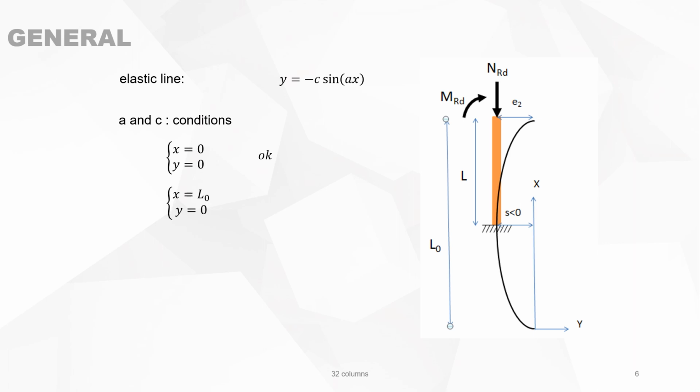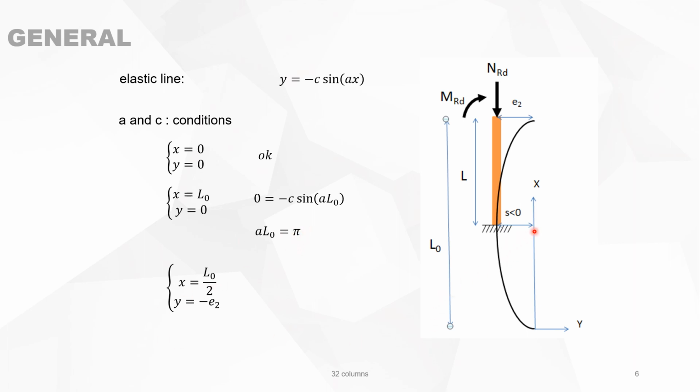But when X is equal to L0, this point on top, then Y here at this point is 0. So that means that A L0 must be equal to pi, or A is pi over L0.